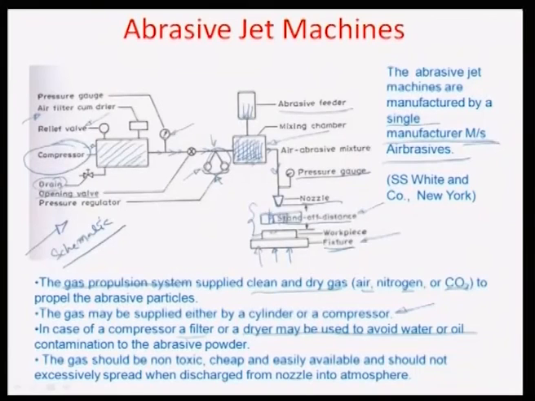So one aspect is operator safety and prevention, the other is how you can have a safe system with absolutely safe gas which is non-poisonous, and this has to be kept in mind while designing the system. So this is all about abrasive jet machines.